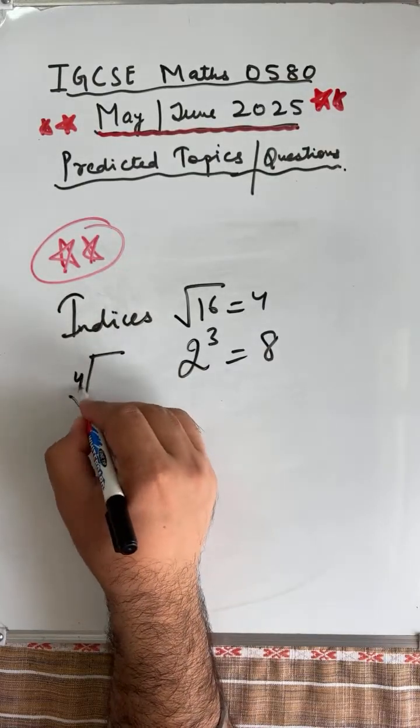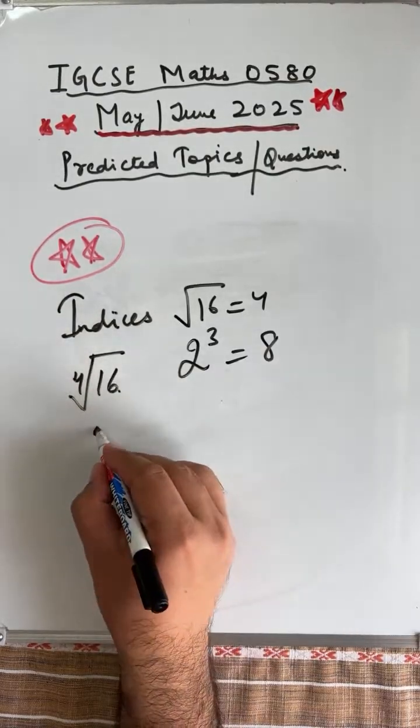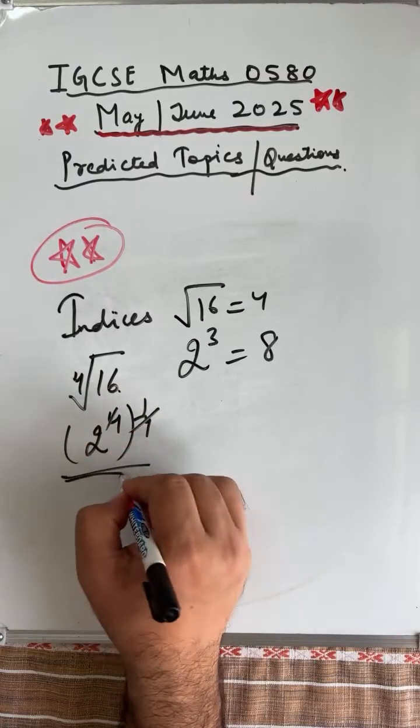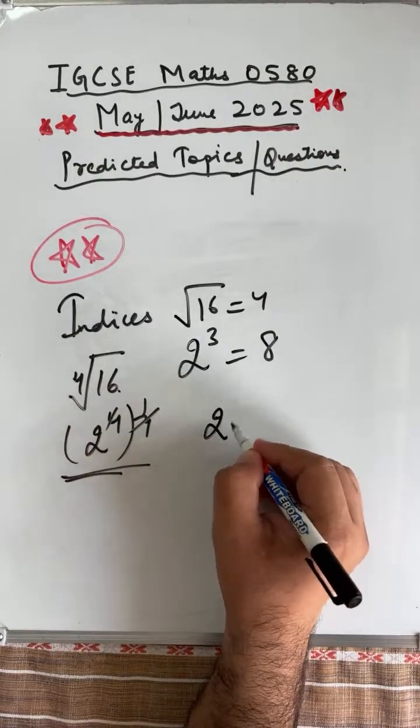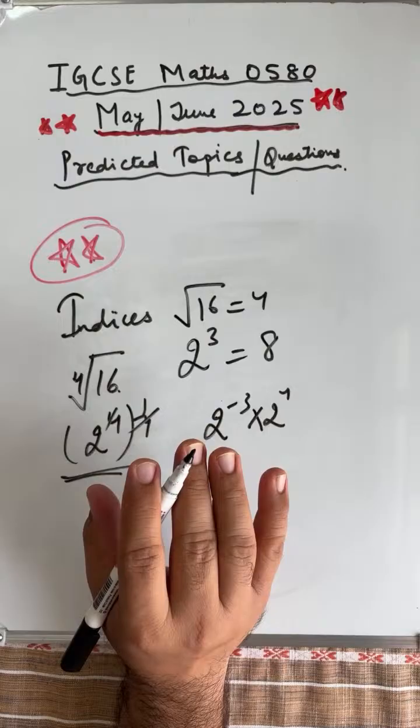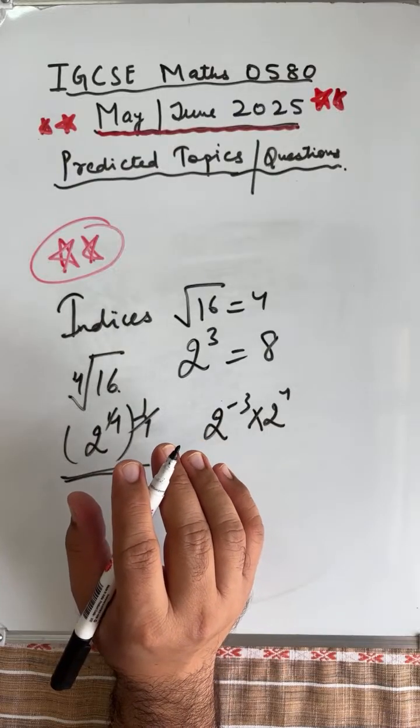If there is a fourth power of 16, you can take 1 by 4 as the power. Then you can solve it. If you have 2 power minus 3 into 2 power 4, you must know the rules of indices.